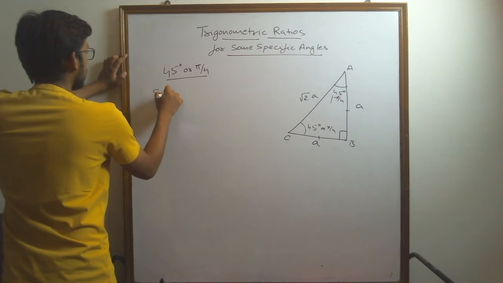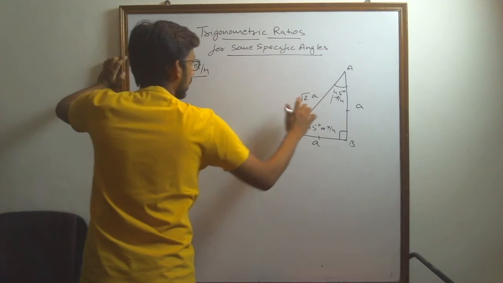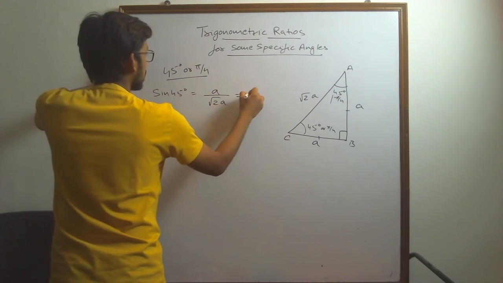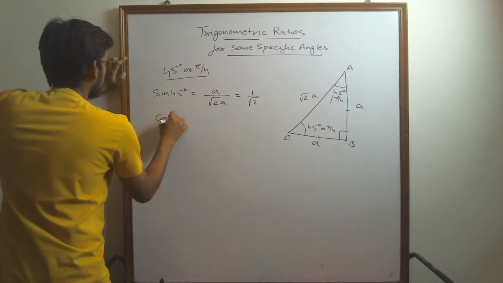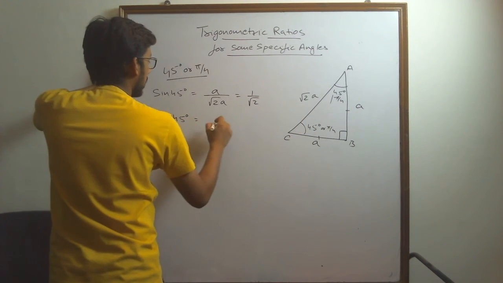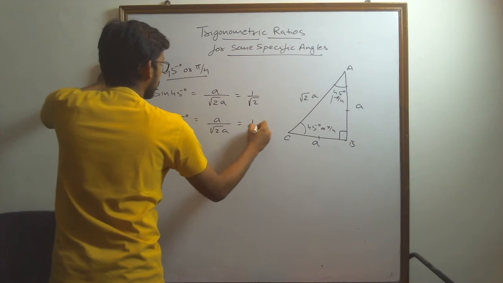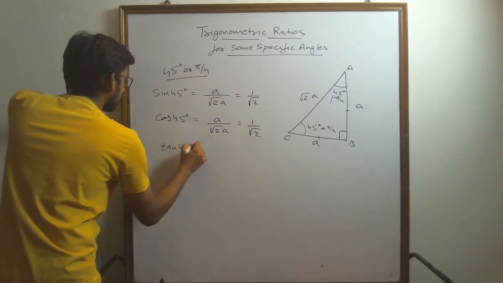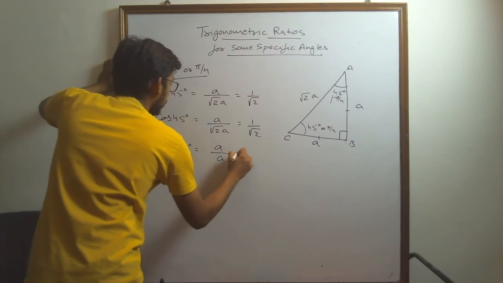So sine 45 degree, I am taking this angle, opposite upon hypotenuse, a upon root 2a is equal to 1 upon root 2. Cos 45 degree is a upon root 2a, so this is also 1 upon root 2. Tan 45 degree is equal to opposite upon adjacent, so a upon a, which is equal to 1.